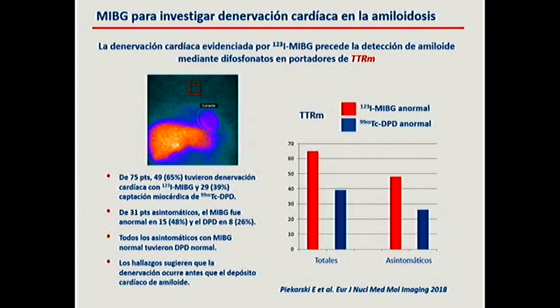They had evidence of denervation in 60% of the patients, and 39% had biphosphonate uptake. Out of 31 asymptomatic people, MIBG was abnormal in 30%. All asymptomatic people with abnormal MIBG had a normal uptake of diphosphonates. Studies suggest that denervation occurs before the deposit of amyloid occurs.